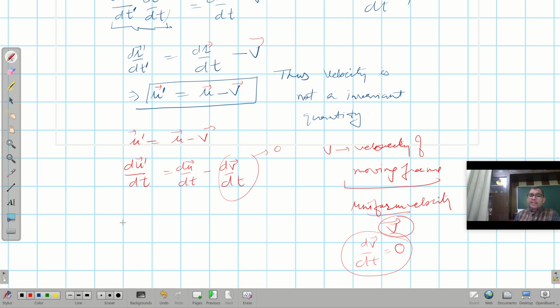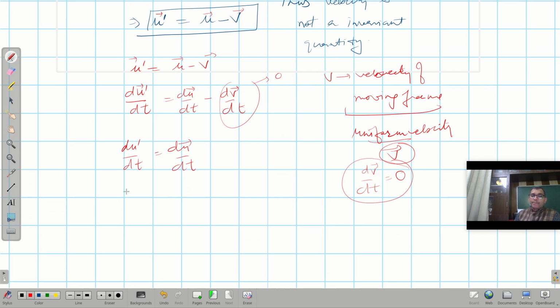So I can say that du prime over dt is equal to du upon dt. This can also be written as du upon dt, as I discussed above, times dt prime over dt, which is nothing but 1, so it is du over dt.